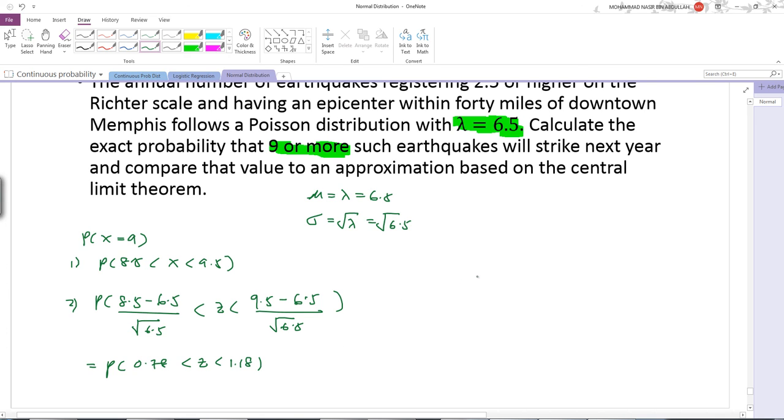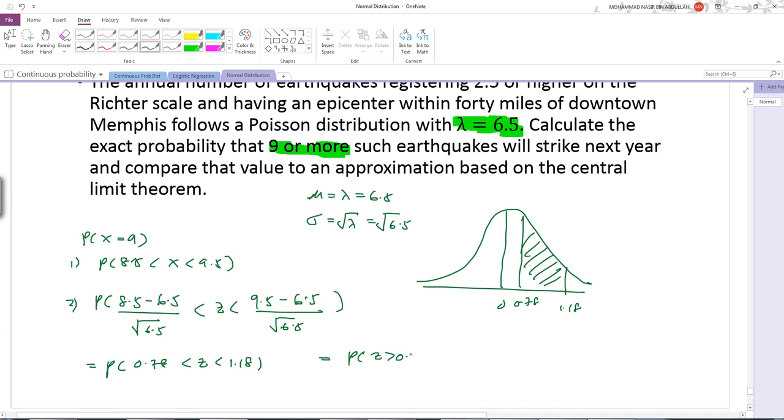The area is on the right-hand side, so this is the probability of z more than 0.78 minus the probability of z more than 1.18. This is 0.2177 minus 0.1190, which equals 0.0987.